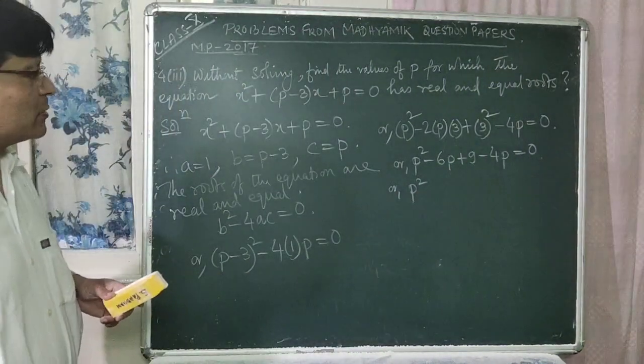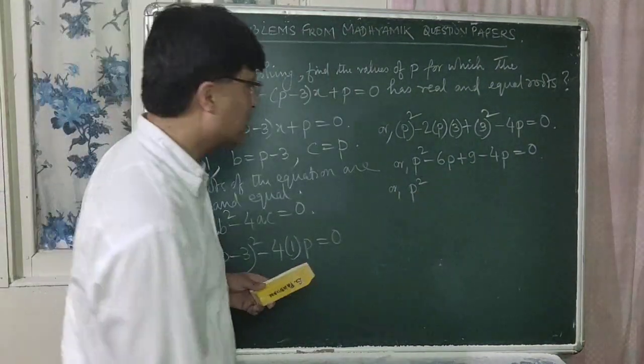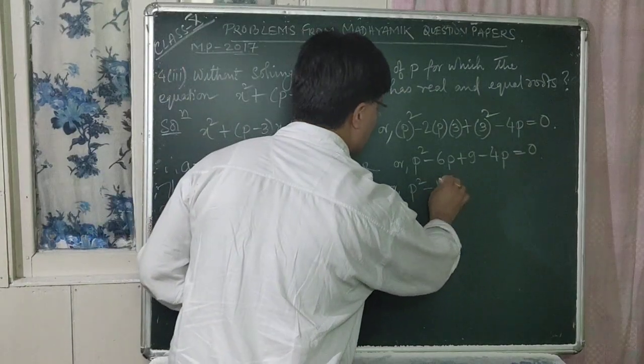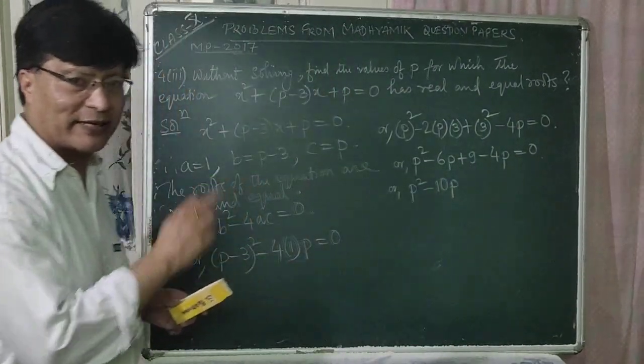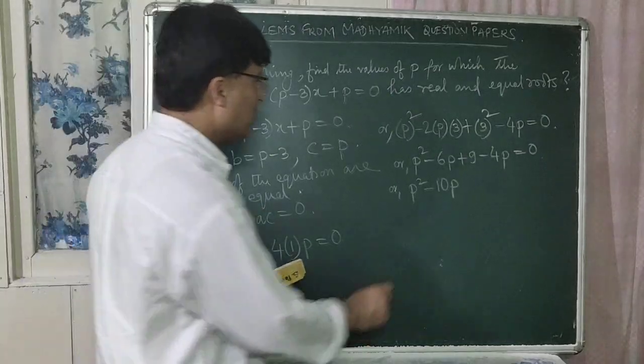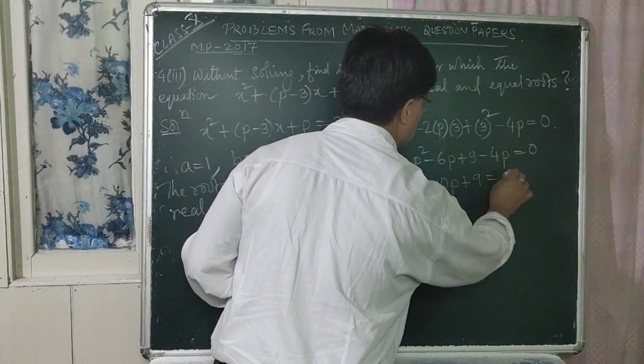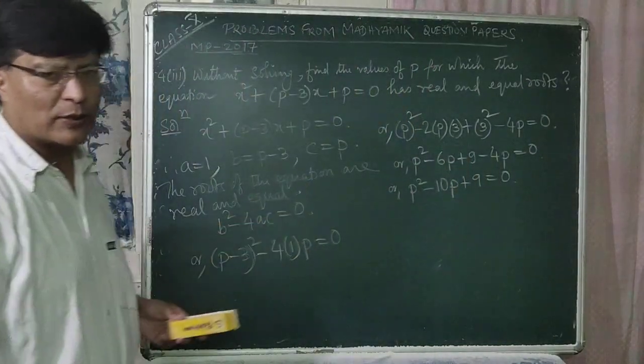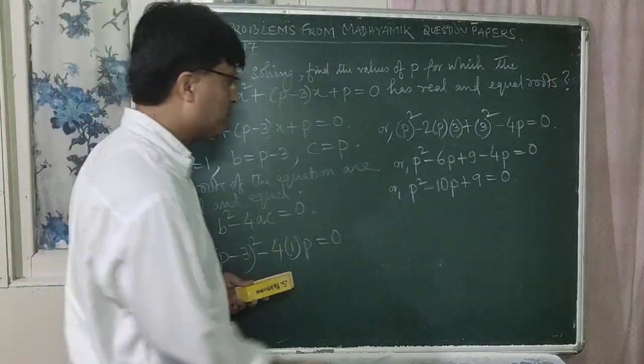Minus 6p minus 4p, same sign, you have to add them. So it is minus 10p, and you have to write down the sign of the greater number, that is minus 10p, then plus 9 is equal to 0. So let us factorize it, middle term breaking.